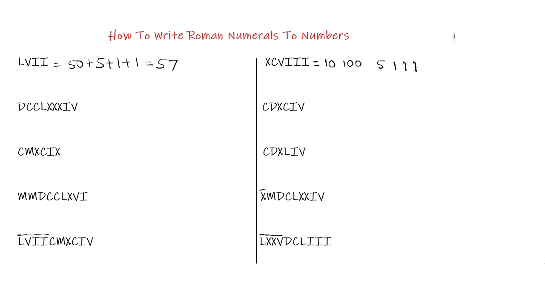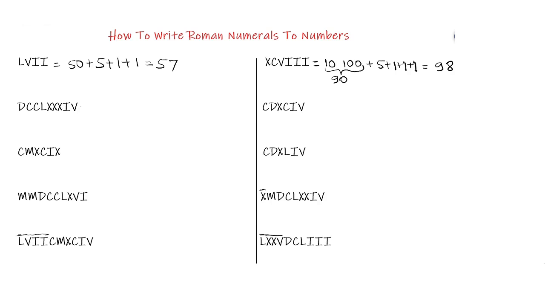So this is going to be subtracted. So here when we subtract 10 from 100, we get 90. Then 90 plus 5 is 95 and 1 is 96, then 1 is 97 and then 1 is 98. So XCVIII is 98.